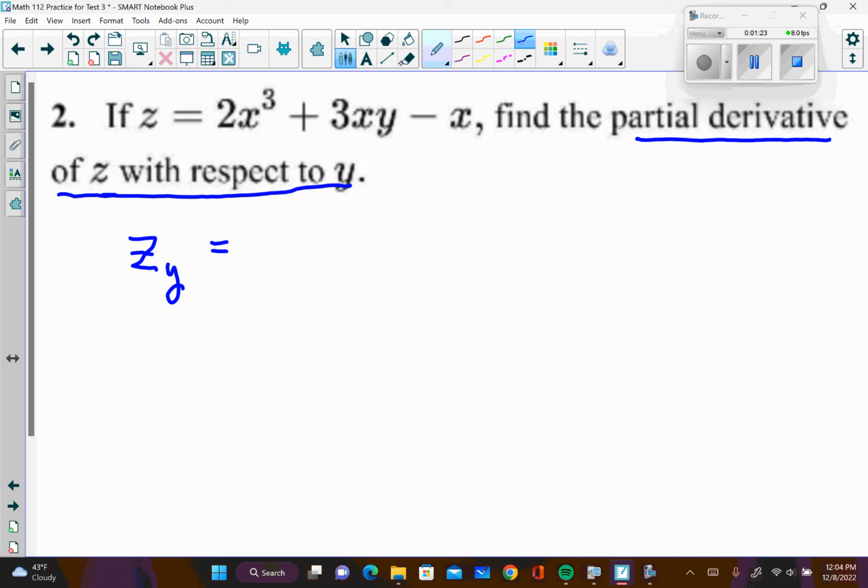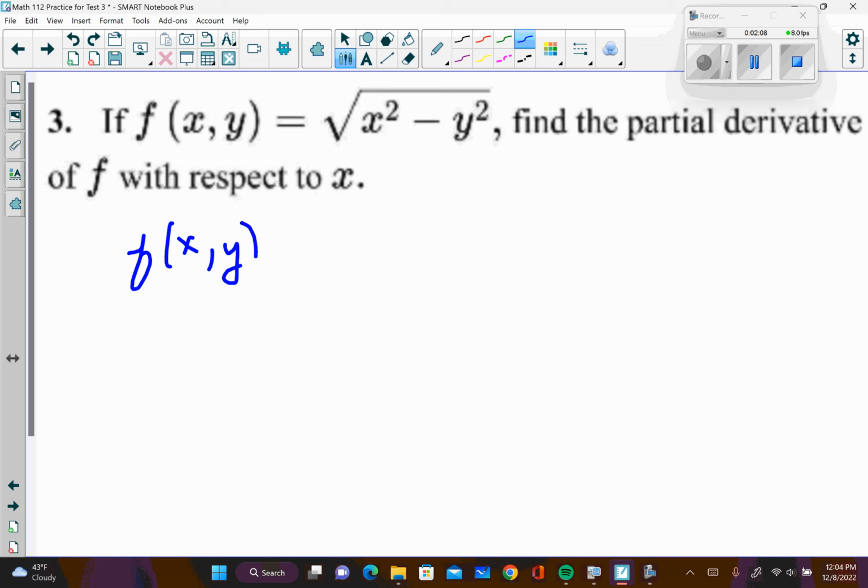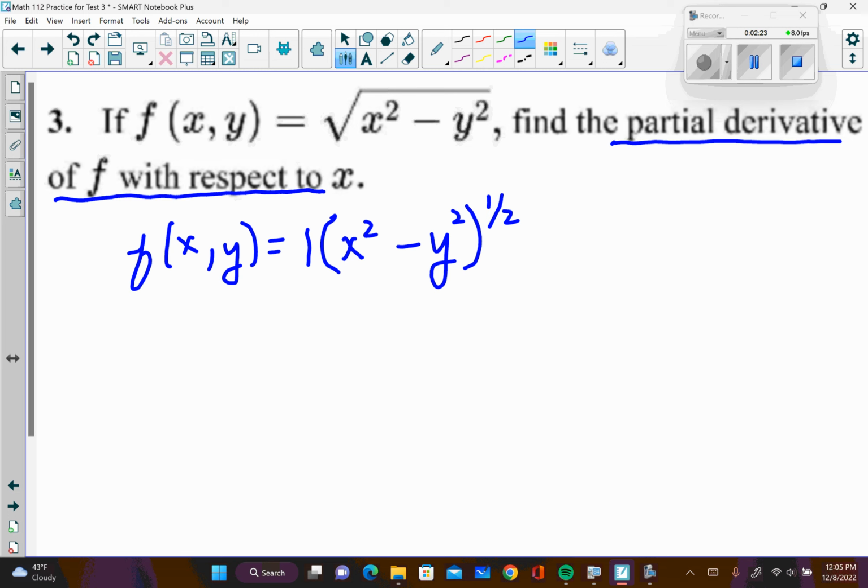F is a function of x and y. It can be written as, in parentheses, x squared minus y squared raised to the 1/2 with a 1 understood in front of the parentheses. The partial derivative of f with respect to x means treat y as a constant. So the derivative is 1/2 times 1, which is 1/2.